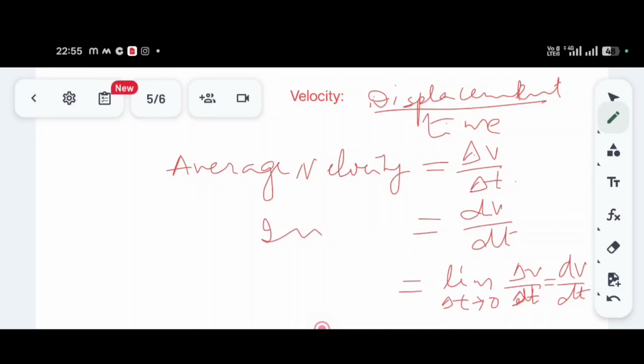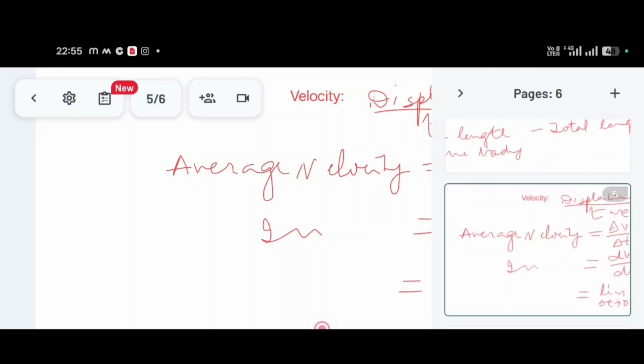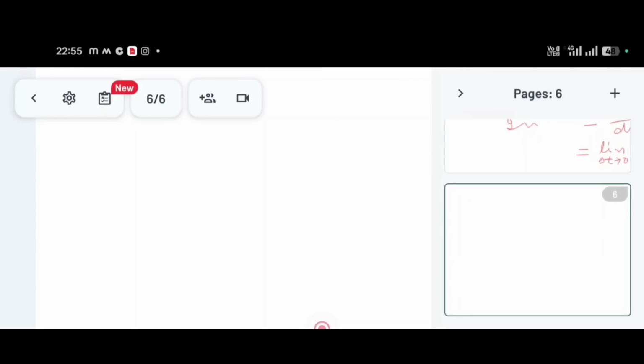Similarly, let us take speed. Speed is a scalar quantity. It is defined as distance upon time.